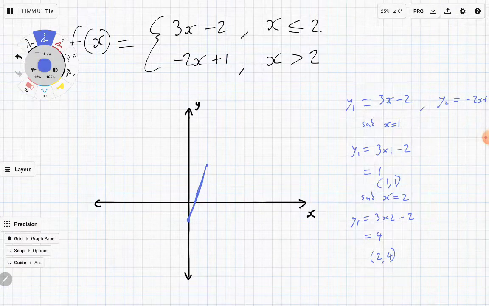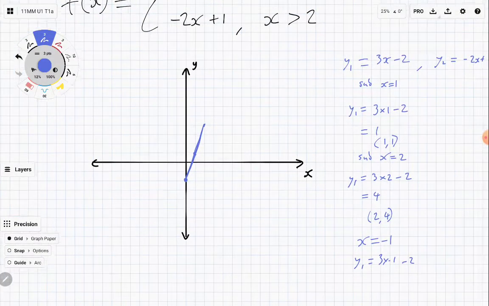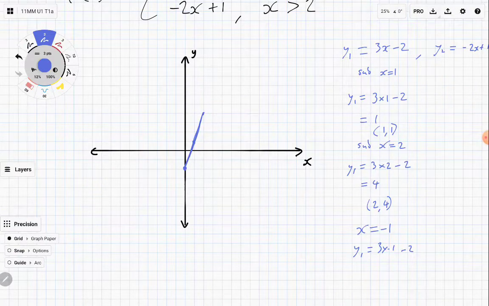So the only other point I'm going to substitute in is x equals negative 1. y1 is equal to 3 times negative 1 minus 2. 3 times negative 1 is negative 3, minus 2 is negative 5. And we get another point, which is negative 1, negative 5. And you can see it all continues on.